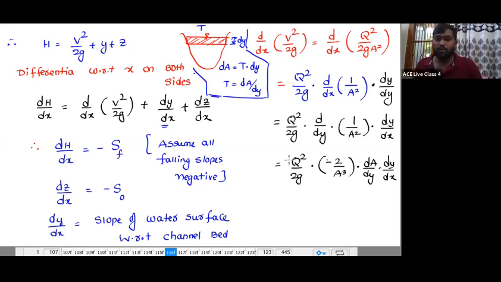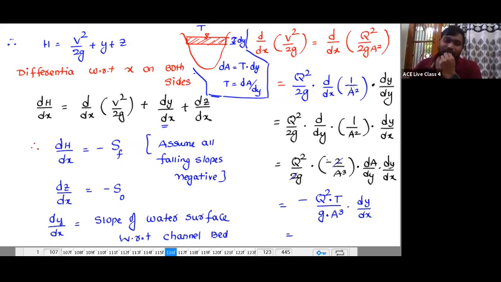So now you can write down the top width as dA by dy. 2 will get cancelled: minus Q square into dA by dy, T by g into A Q into dy by dx, minus Q square into T by gA cube into dy by dx.